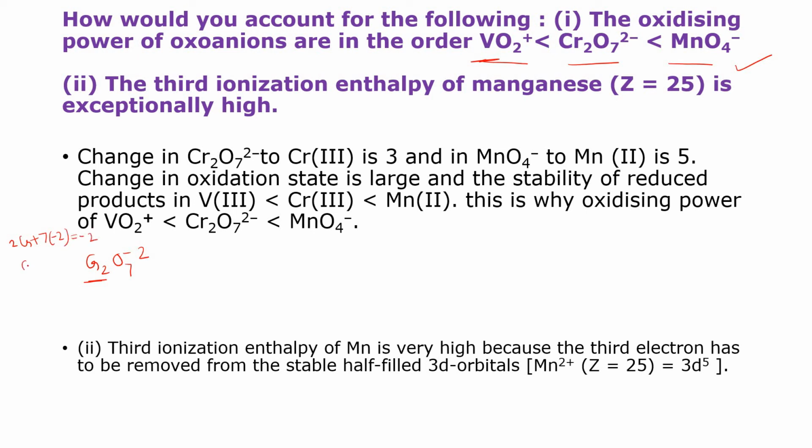If you do this, chromium will be plus 6. So 1 chromium is plus 6 here. Now it will convert into 2 moles of chromium plus 3. Chromium is converting into plus 3. That means plus 6 is converting into plus 3. How much change is obtained here? 3 electrons are gained.